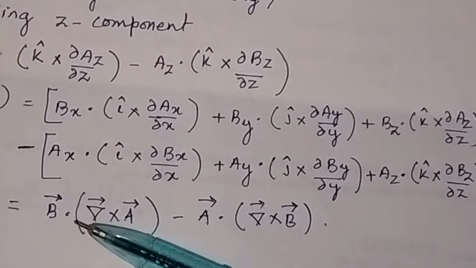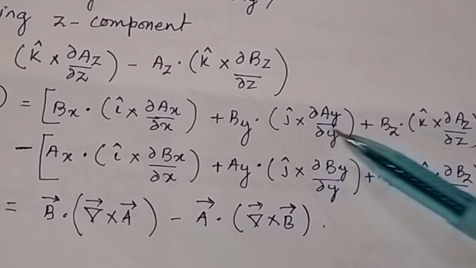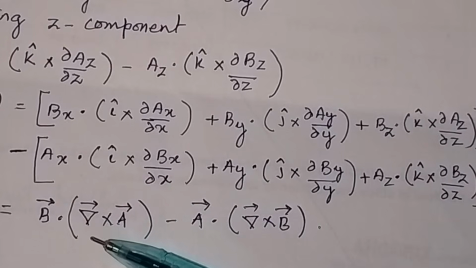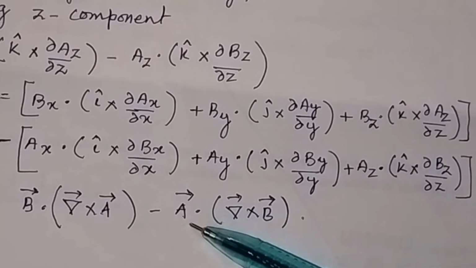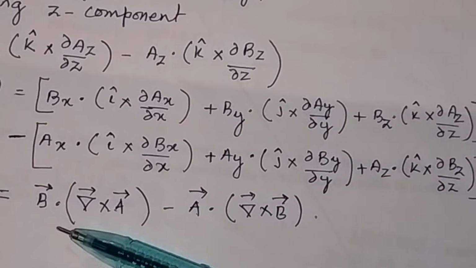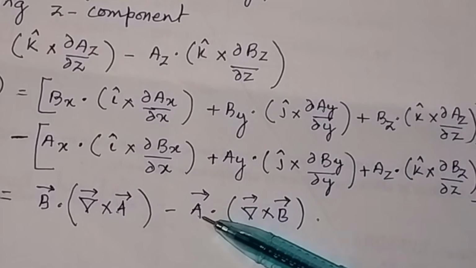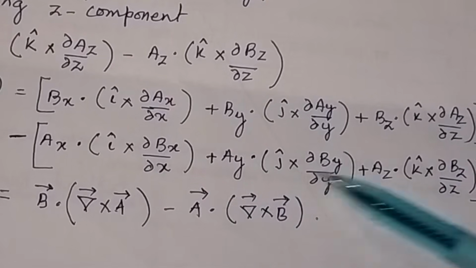The first term in the bracket will give you B dot curl A, and the second term in the bracket will give you A dot curl B. If you expand B dot curl A, you will get this term, and if you expand A dot curl B, you will get this term.